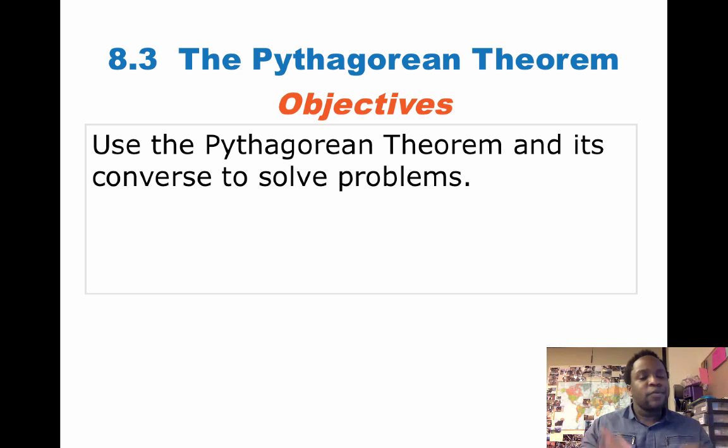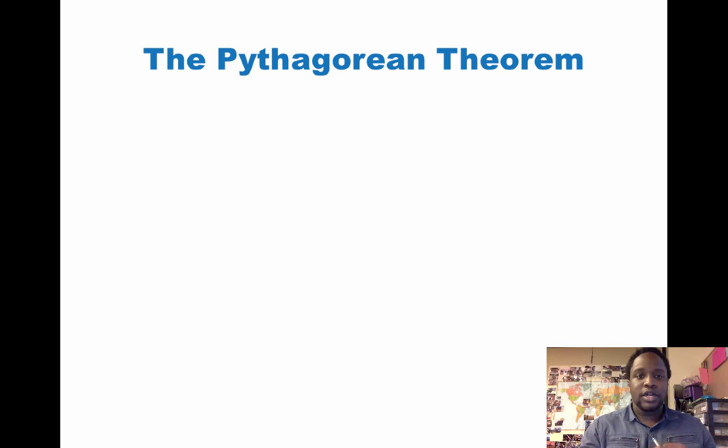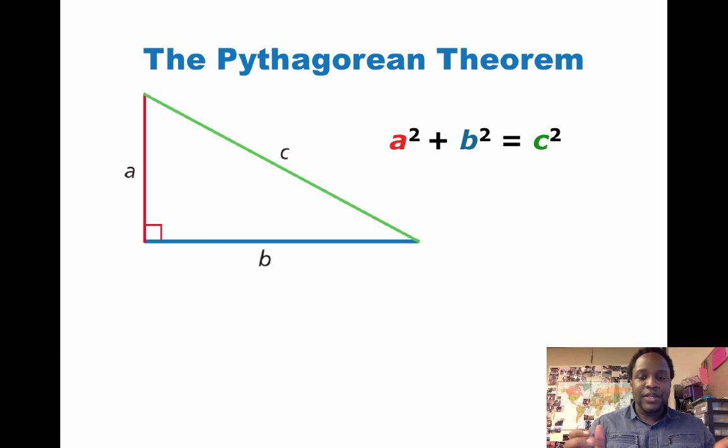All right, so 8.3 is all about Pythagorean Theorem, and we're going to use the Pythagorean Theorem and its converse to solve problems. We're also going to get a little bit into Pythagorean triplets. So let's get started. So first, the Pythagorean Theorem is a squared plus b squared equals c squared. So a and b don't really matter which leg it is, but a is the length of one leg, and b is the length of another leg.